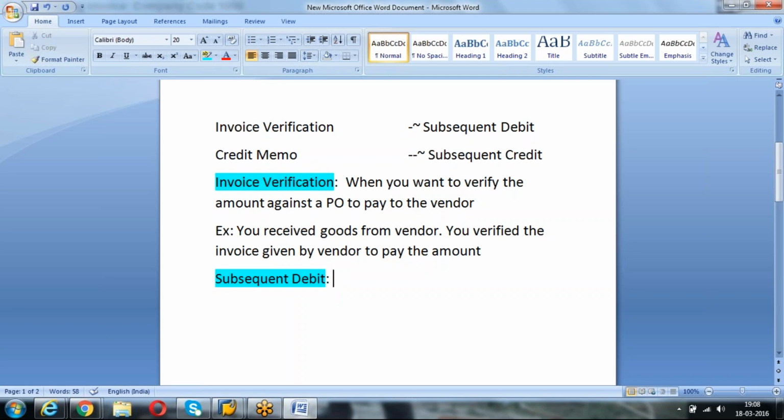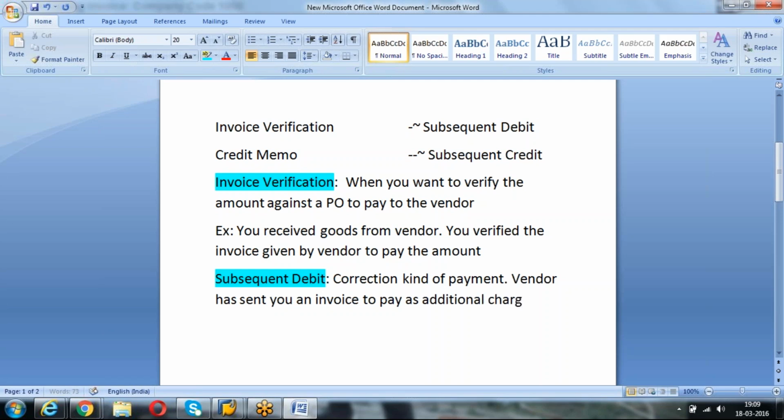How subsequent debit? These are all correction kind of payment. The vendor has sent you an invoice to pay as additional charges after a few months, payment due to different reasons.